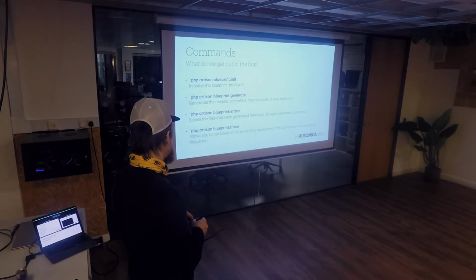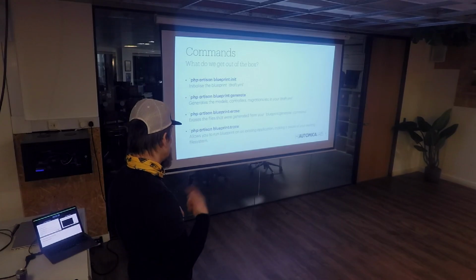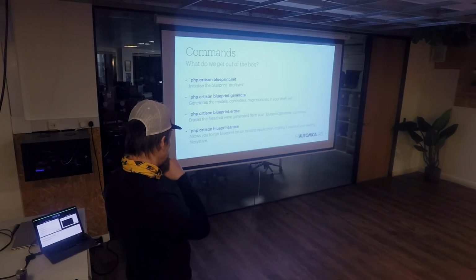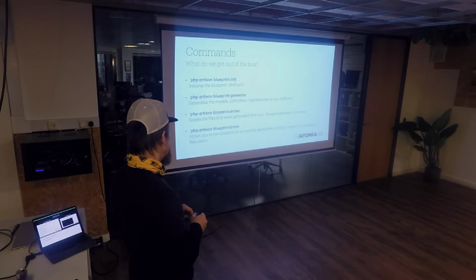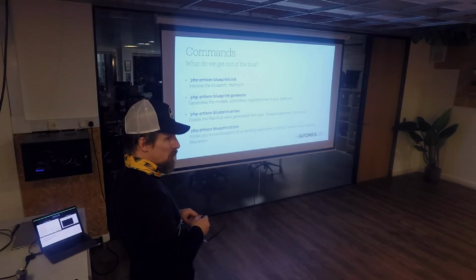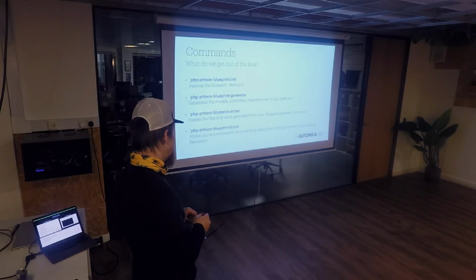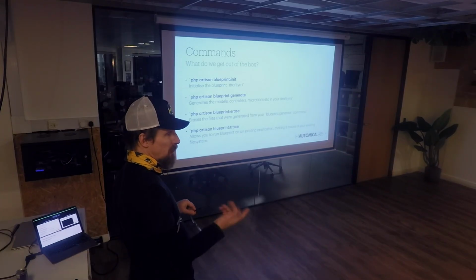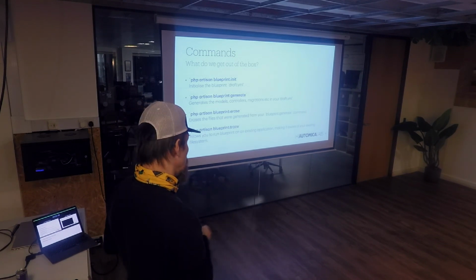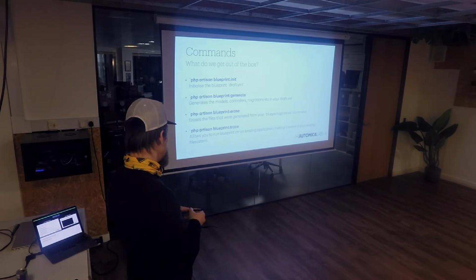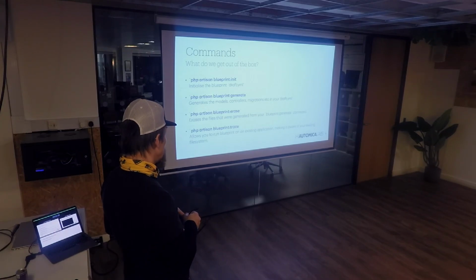Predominantly you've got Blueprint init, which is the creation, so that initially creates the draft file, which I'll talk about in a minute. And then you've got a Blueprint generate command, which runs through your draft file, basically runs through your recipe and makes the thing. And then you've also got Blueprint erase, which is the opposite of generate, so it clears it back.